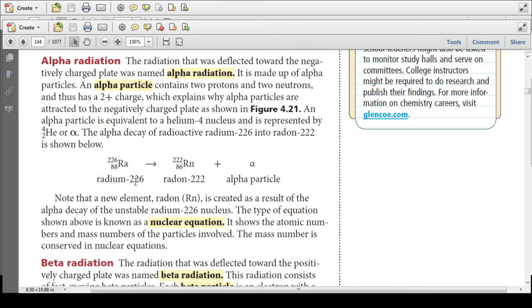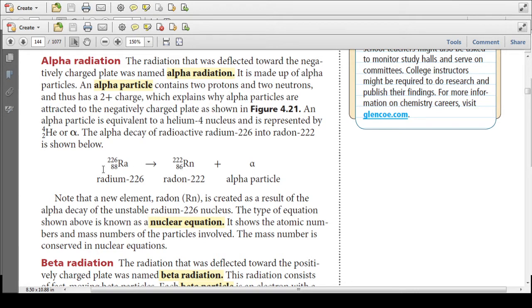Here's radium-226 that decays into an alpha particle, which means that radium-226 loses 2 protons and 2 neutrons, and it becomes radon-222. Think about that for a second. If 88 were to lose 2 protons in the form of an alpha particle, 88 minus 2 is 86.